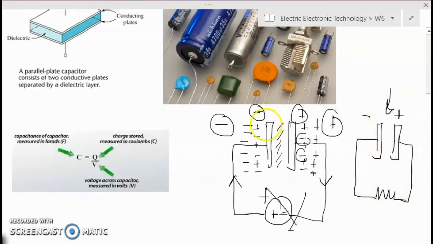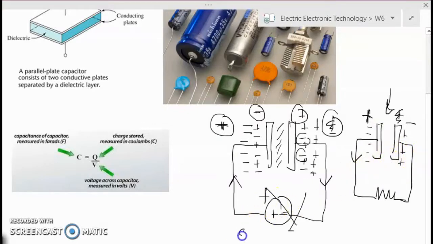So now here we have more electrons, more energy. So this terminal is basically a positive terminal. Here is the negative terminal. So the current will flow back in the opposite direction of what we had just now. All the excess electrons here will flow back into the right plate until both of them are balanced and again become neutral.